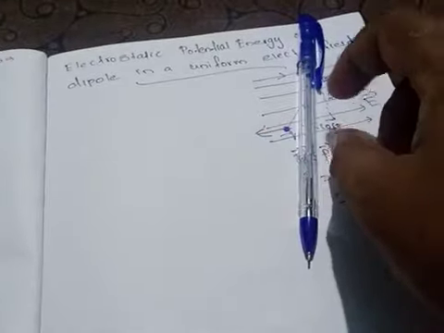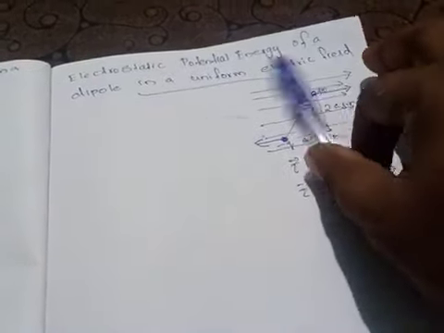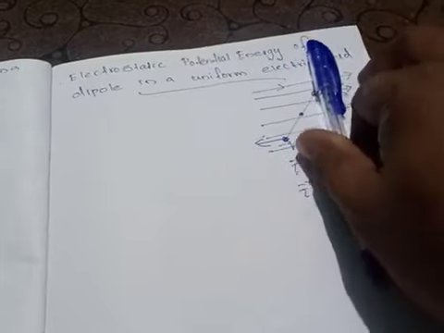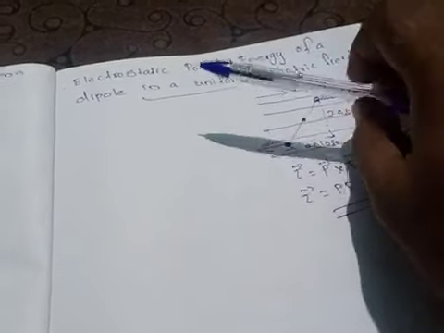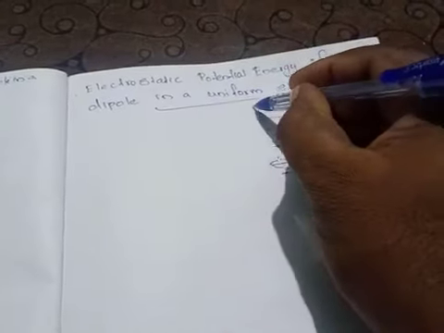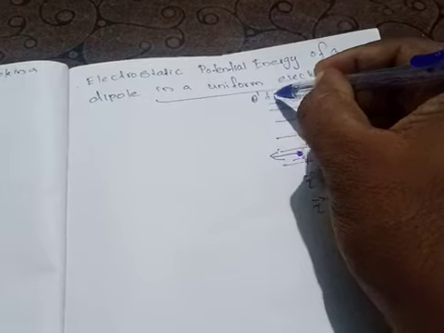External torque is applied for what? To continuously rotate it, to move at constant angular velocity from one angle to another angle. That angle we can take from theta dash to theta.